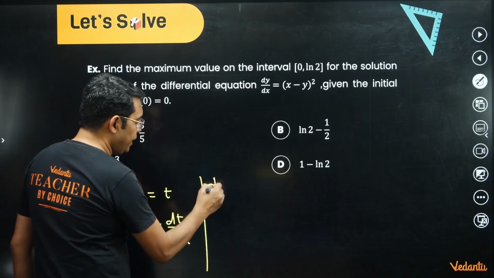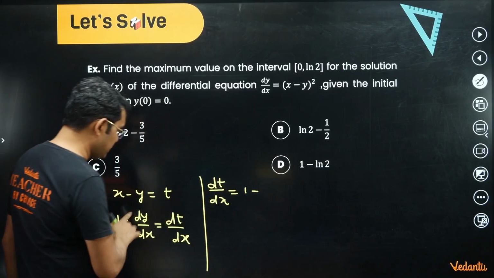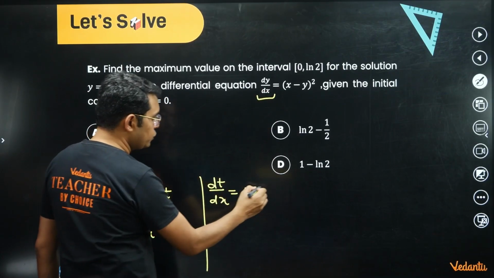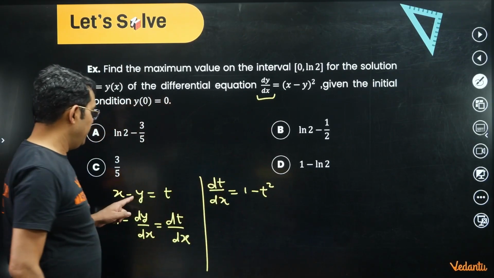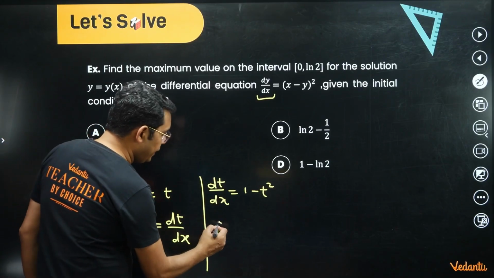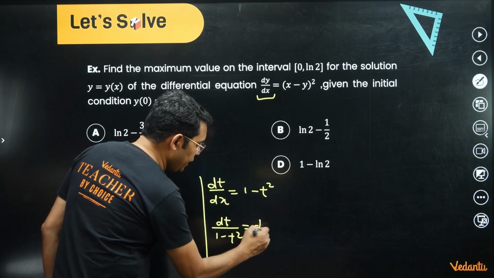Now this dt upon dx then becomes 1 minus dy upon dx, and dy upon dx in the question is given as, I think, t square. You can see x minus y is t, so t square. Now variable separable, dt upon 1 minus t square is equal to dx.